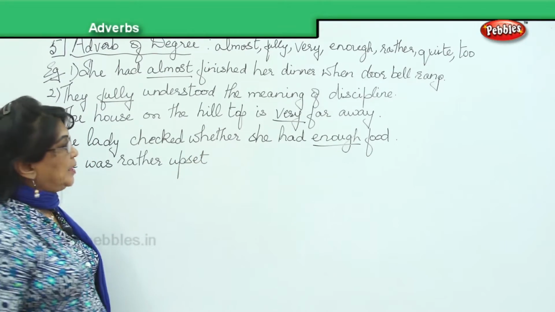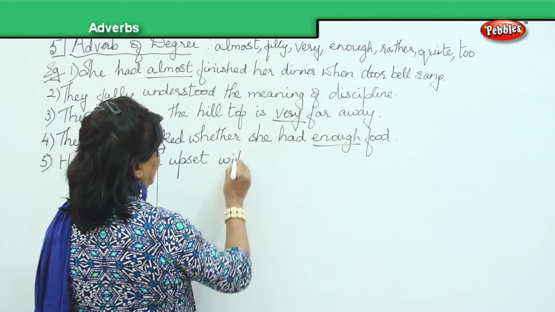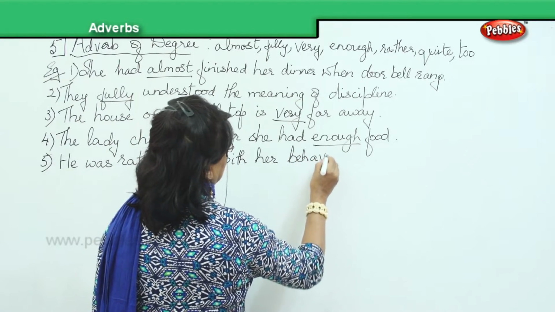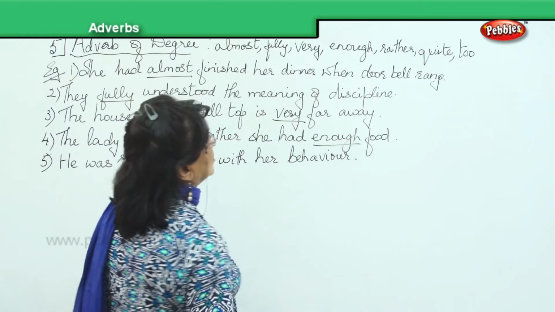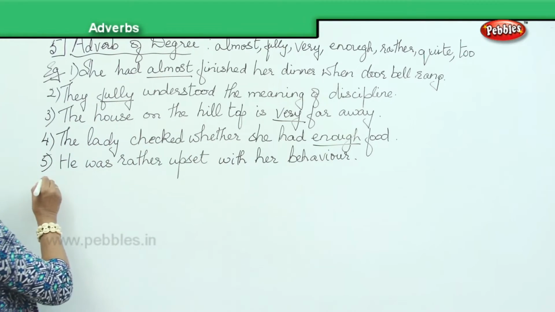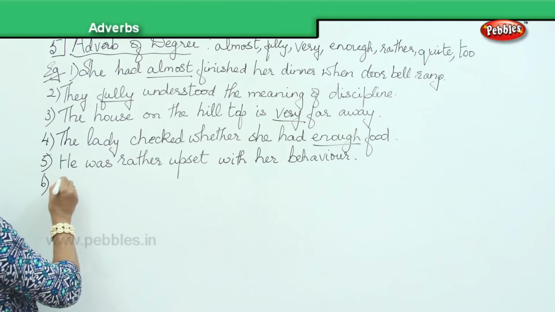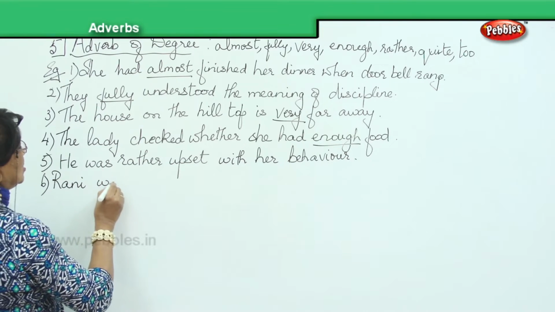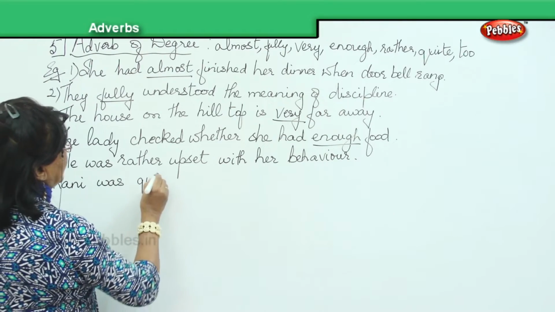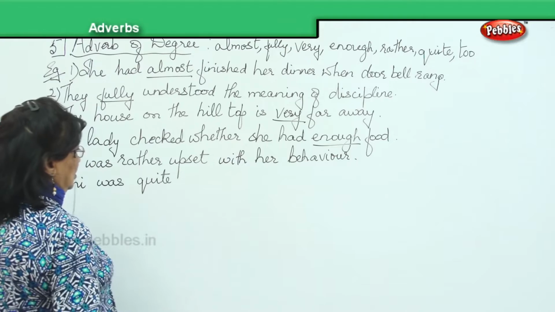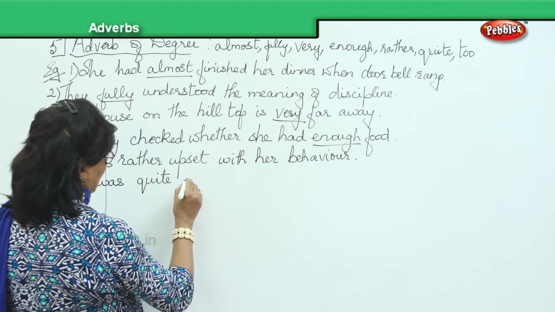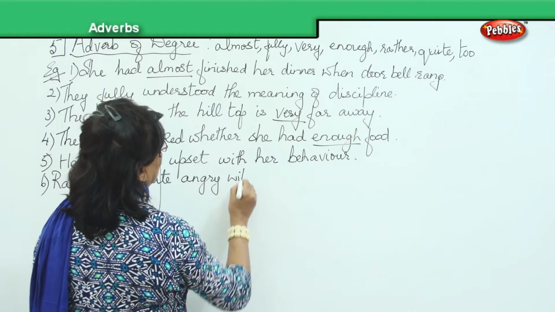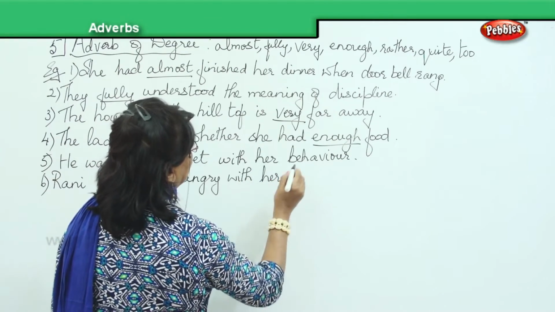He was rather upset with her behavior. Next one. Rani was quite angry with her neighbor.